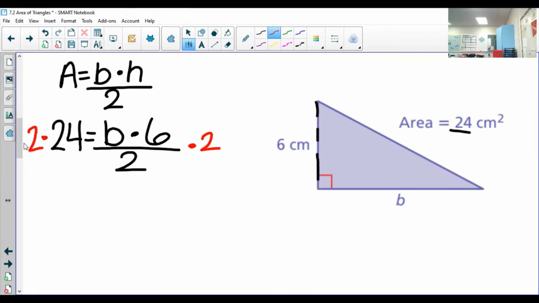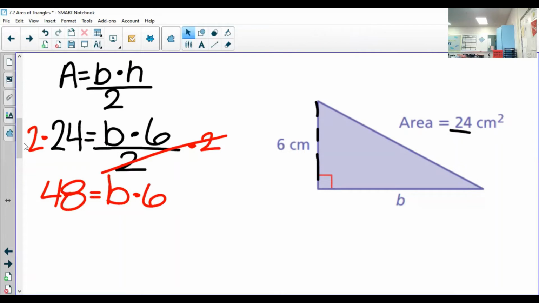Okay? Once I do that, these 2's cancel, and what's left? B times 6. It's not just B, it's not just 6. You have to bring down the whole thing. B times 6 equals, what's 2 times 24? 48. Okay? And once I'm here, I'm ready for step 2, which is to get rid of the 6. So what's the opposite of a times by 6?